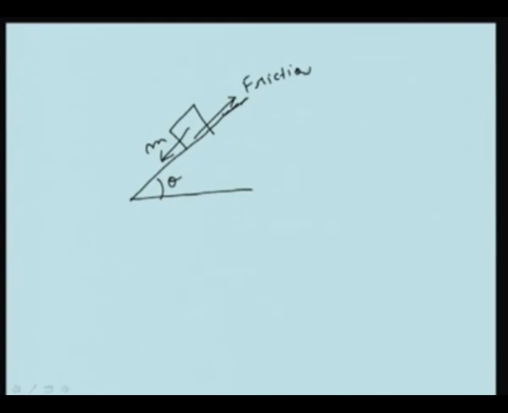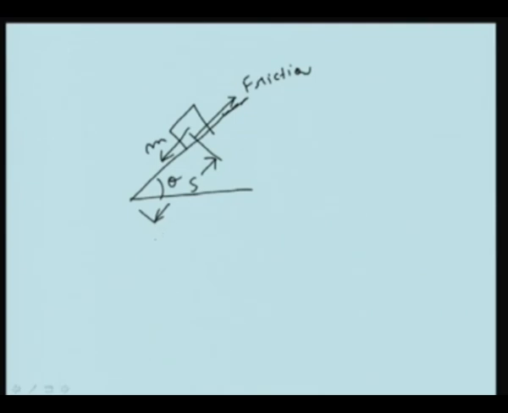What will be the velocity when the particle has travelled distance s along the inclined surface? In this case also, the principle of work energy, that is conservation of energy, can be applied provided you take into account the frictional forces also.